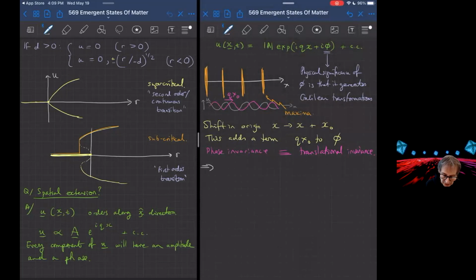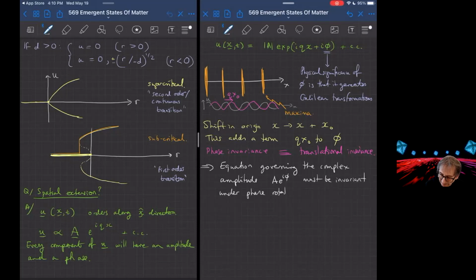What that means is that if we want to look at the equations governing the complex amplitude, A e to the i phi, this must be invariant under phase rotations if the original system is translationally invariant.